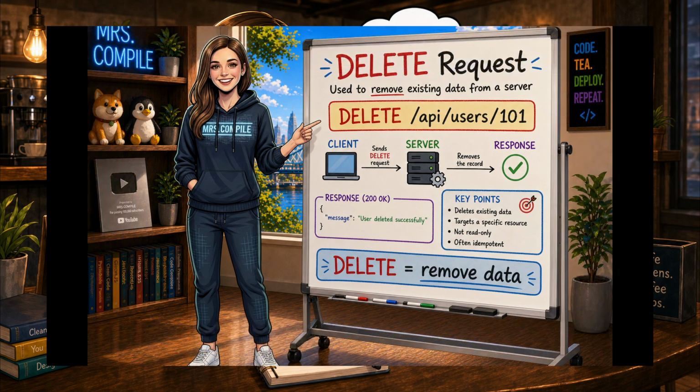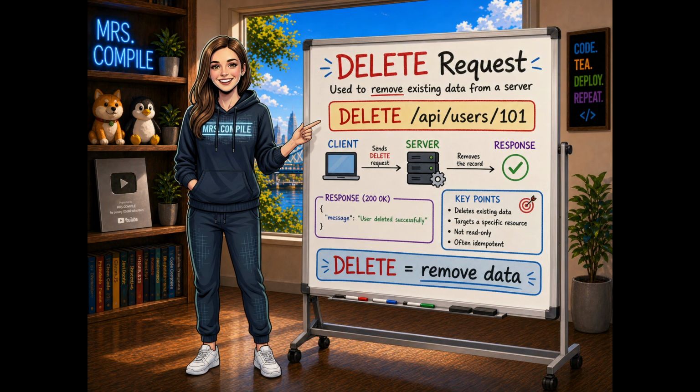And finally, there is DELETE. DELETE means exactly what it sounds like. For example, DELETE /api/users/101. This is basically saying, server, please remove the user with ID 101.